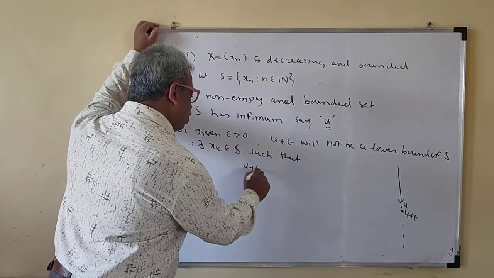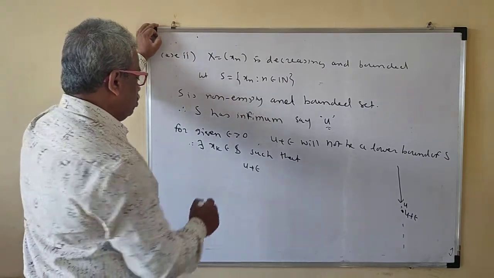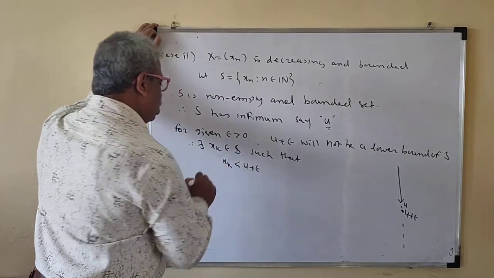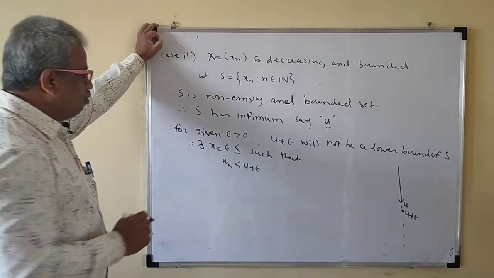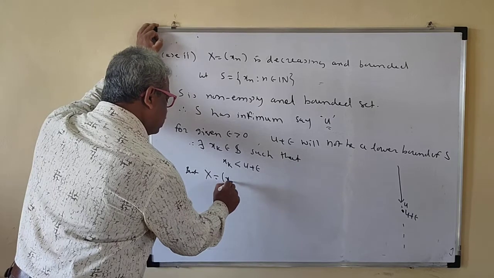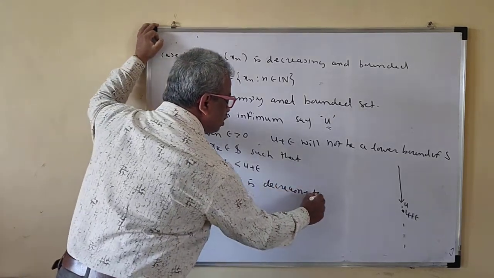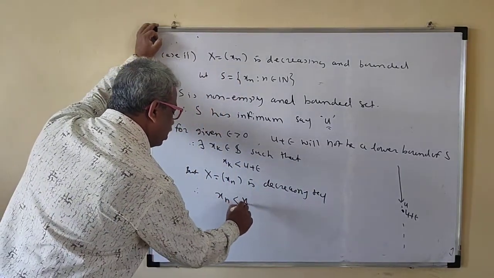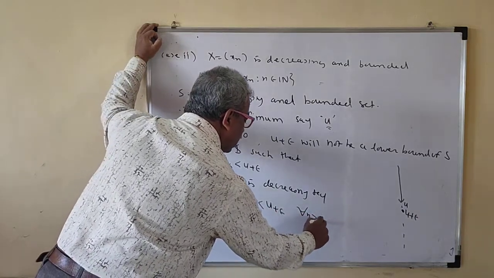U plus epsilon, xk. Okay, but x equal to xn is a decreasing sequence, so therefore xn is less than xk is less than U plus epsilon for all n greater than k.